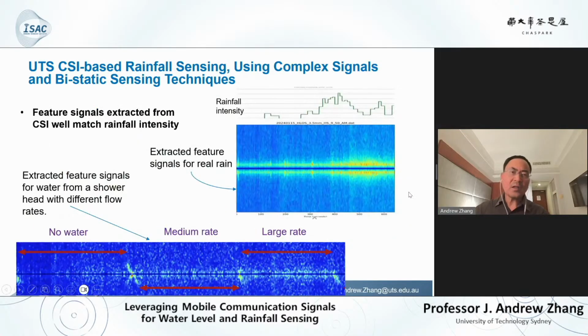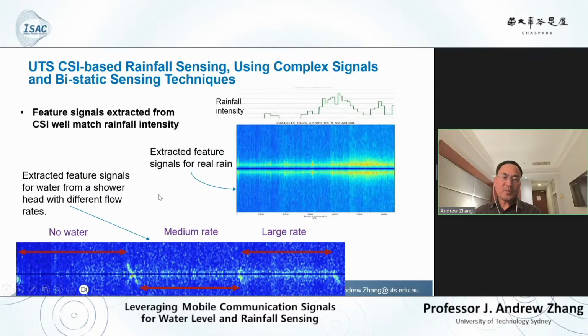Coming back to our work, we also developed some techniques based on bistatic sensing and extracted feature signals. Such feature signals show good consistency with the ground-truth benchmarking rainfall intensity measured by an actual rain gauge.